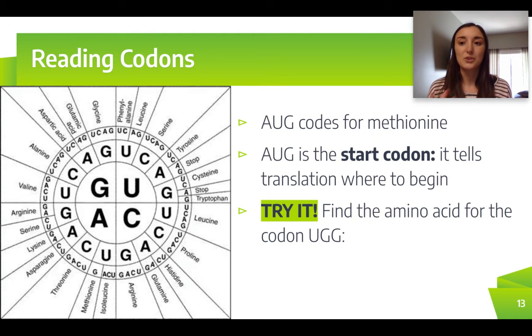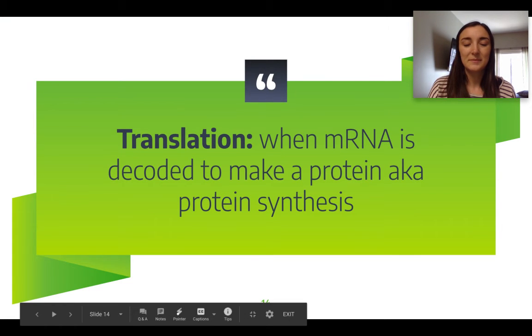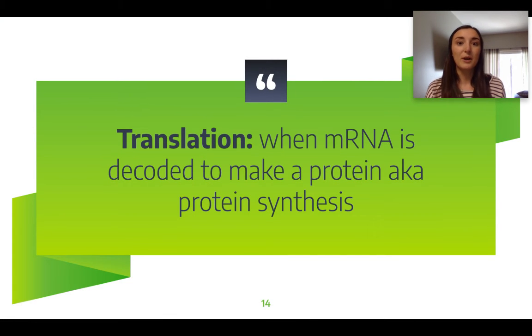It tells translation where to start. So what I want you to do is pause this and try to find the amino acid for the codon UGG. All right, if you start at U right here and go GG, you should find that the amino acid it codes for is tryptophan.